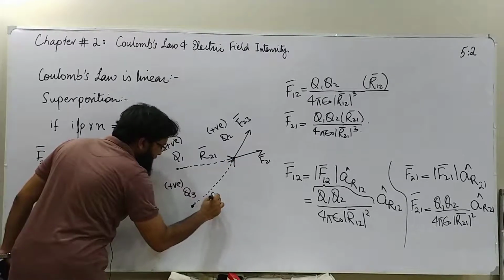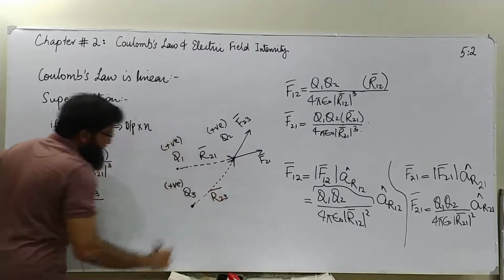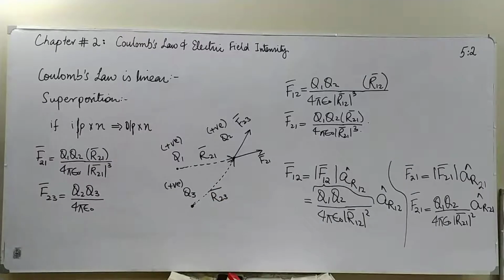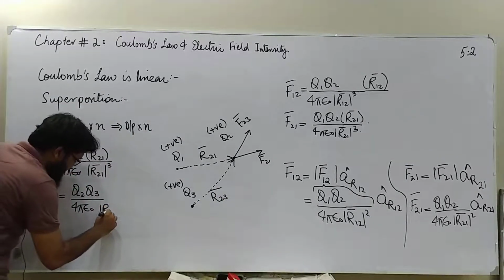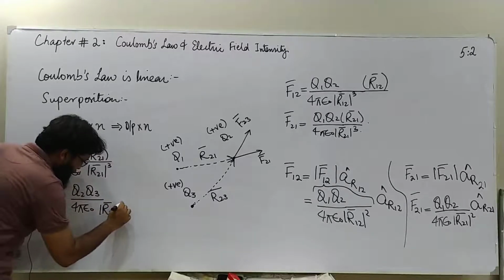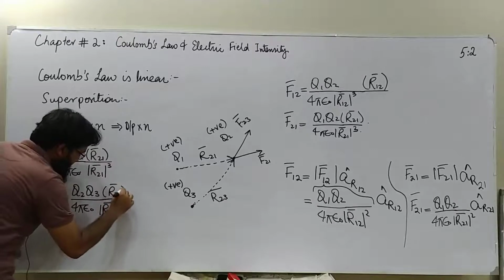So what I would need is R2,3, head and tail. So magnitude of R2,3 cubed and R2,3. That's it.